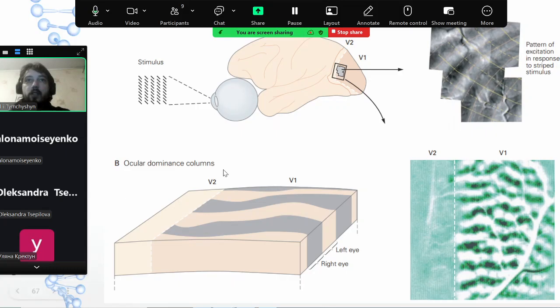And here you see once again how that looks under the microscope when we consider areas V1 and V2. And here you see different eyes, like left and right eye, and so on. So all these stripes, they are seen in the brain as some areas of activity when we see a certain stimulus.